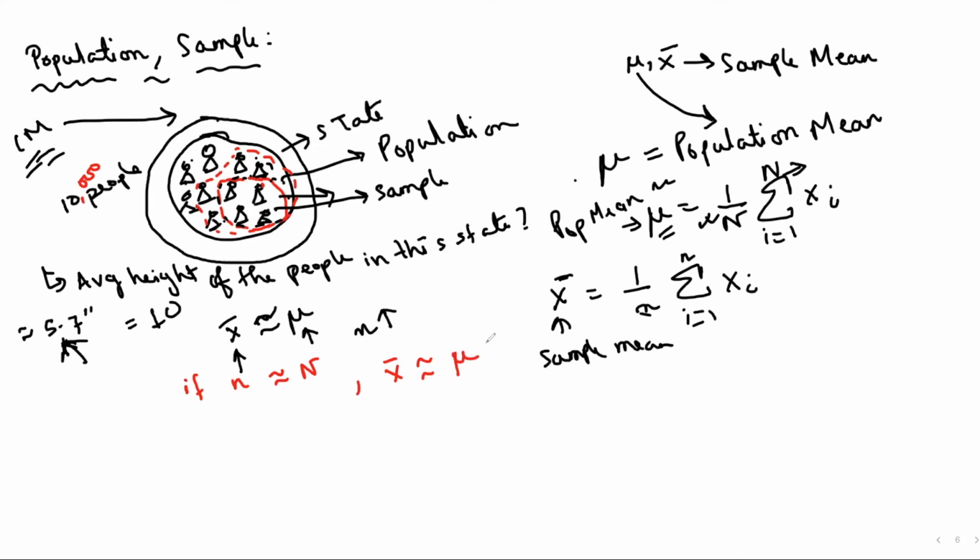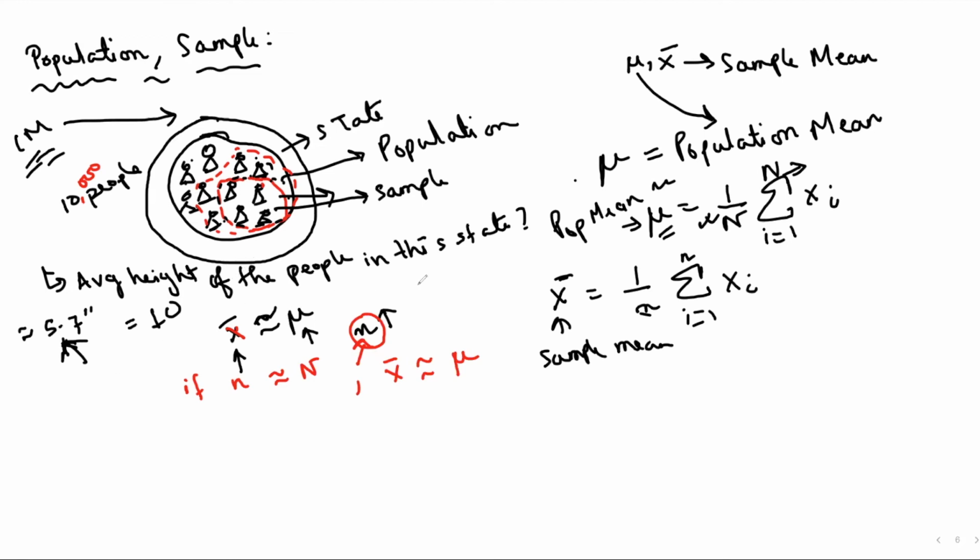Right? So it completely depends on the number of observations that we have in hand. If n is big enough, then we can easily guess the average height of the people in this particular state.